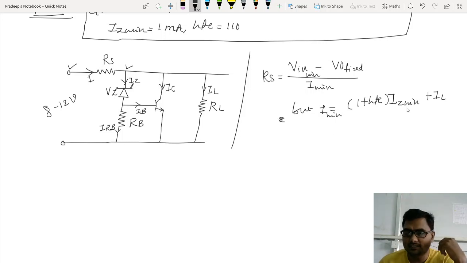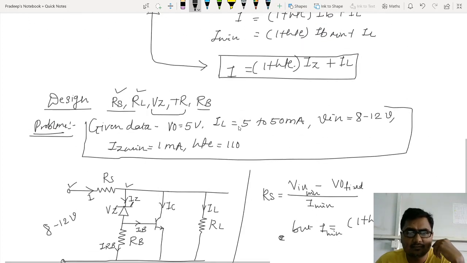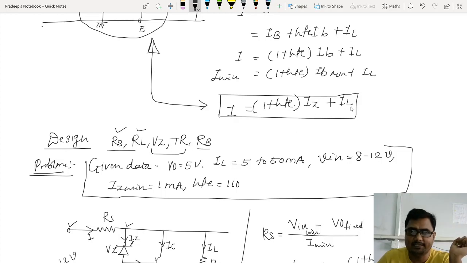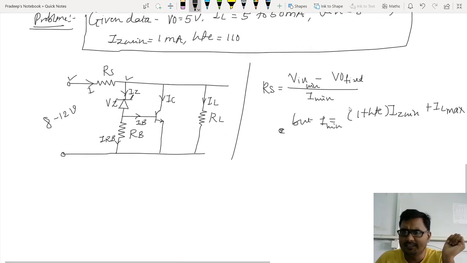If the Zener current is minimum, then IL must be maximum. So I minimum equals (1 plus HFE) IZ minimum plus IL maximum. If this is minimum, then that must be maximum. We had a discussion about that in the last lecture.